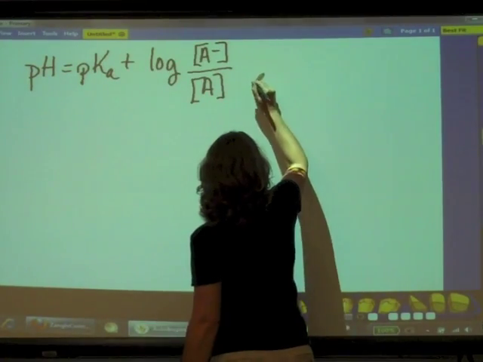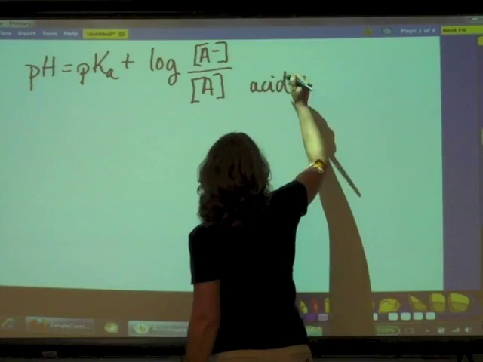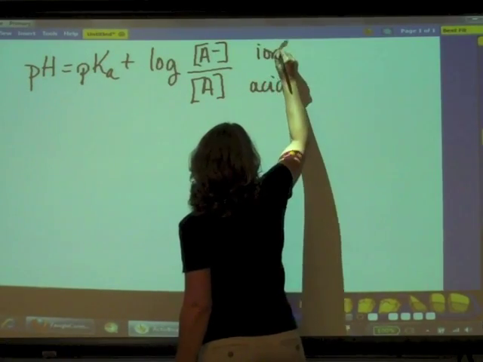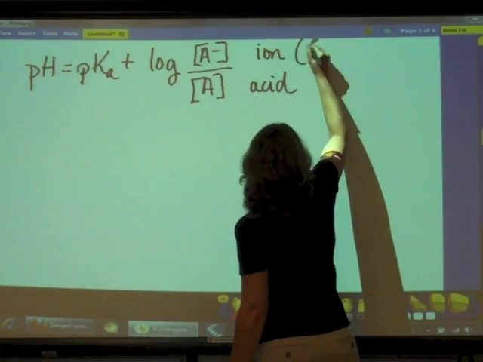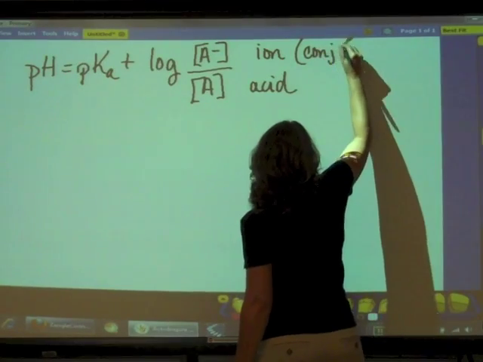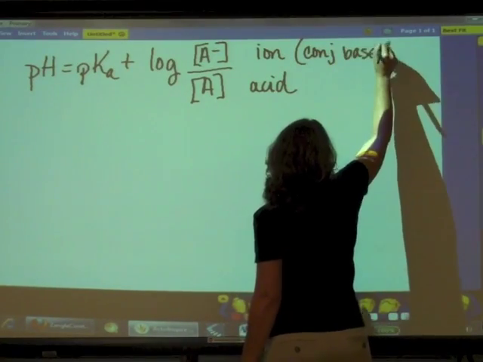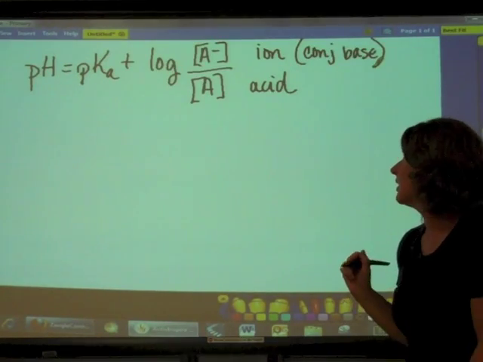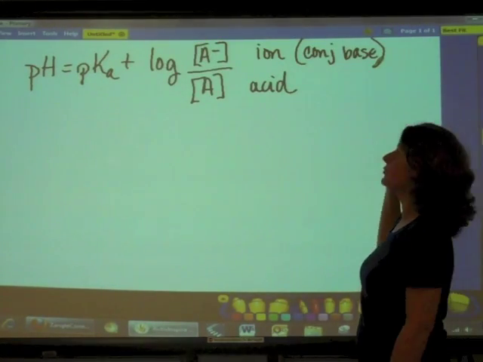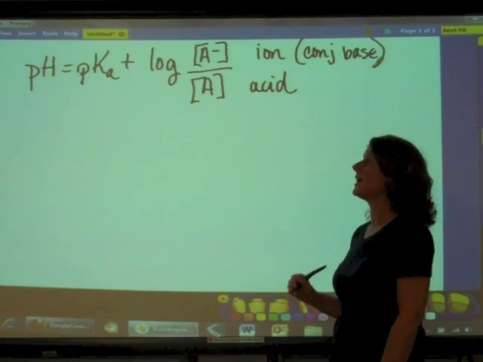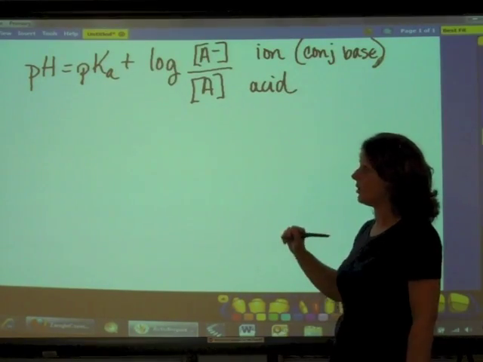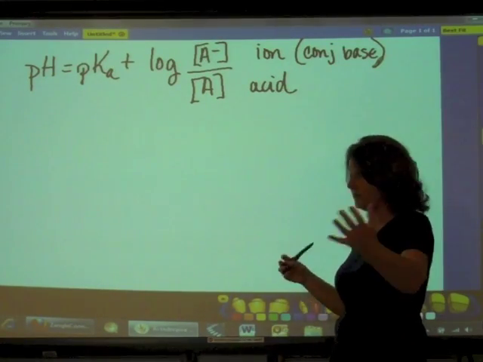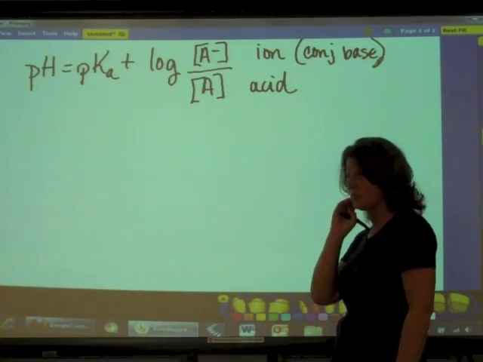Okay, so this would be the acid concentration, and that would be the ion, or in this case, conjugate base. Now, if you look on your AP equation sheet, it also holds true for weak bases. pOH equals pKb plus the log of. Okay, so you can use it in that context as well.